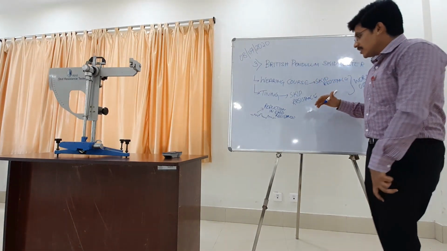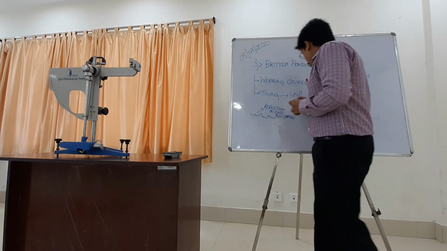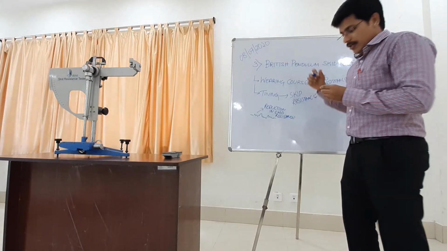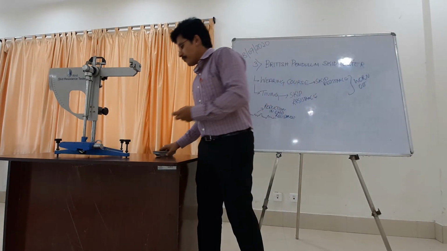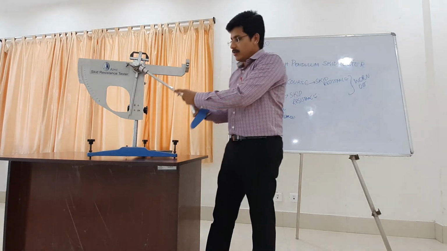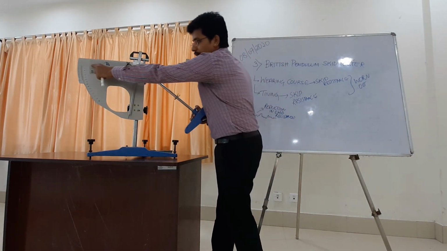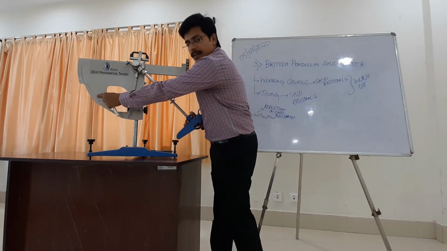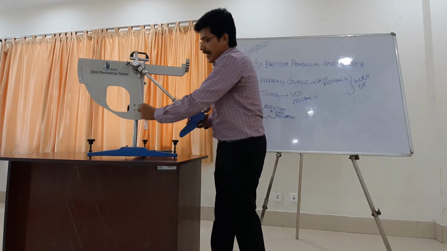concerns. In this experiment, basically we use a British equipment called the British pendulum tester. It's a very simple equipment. If you see here, this is the equipment. We have a pendulum here, and a scale to measure the skid resistance. This is the indicator.